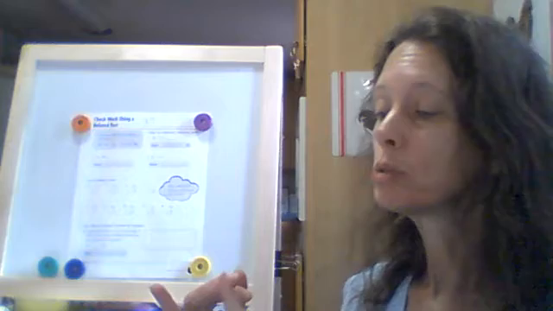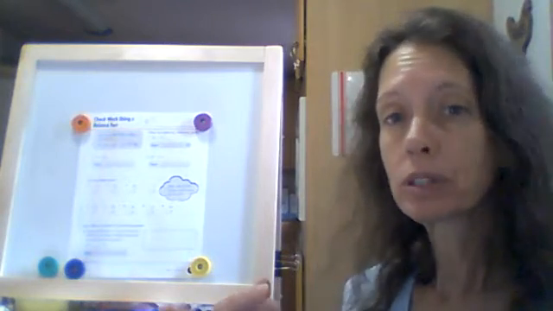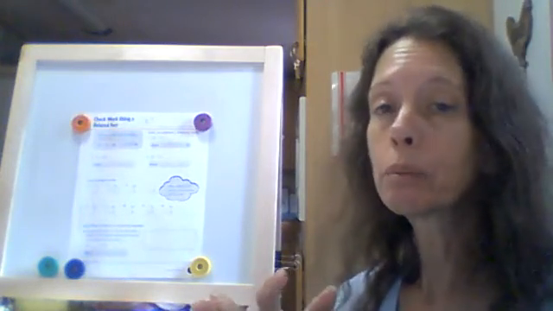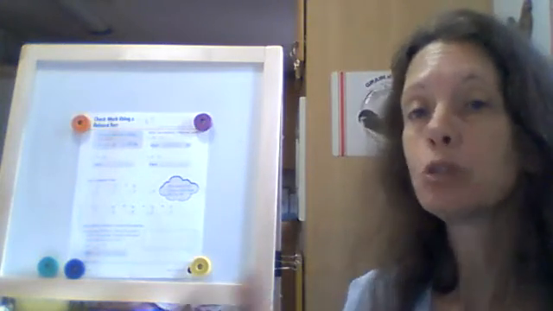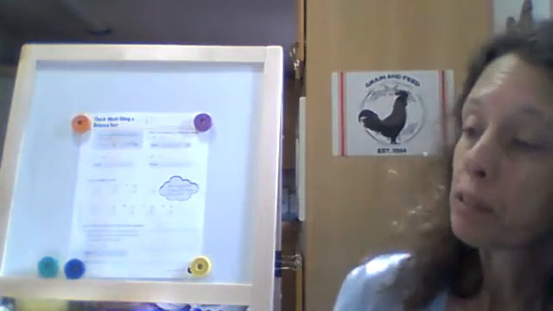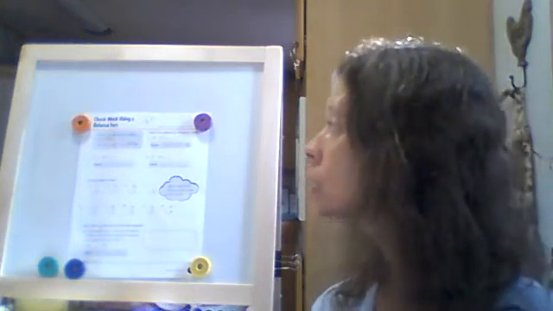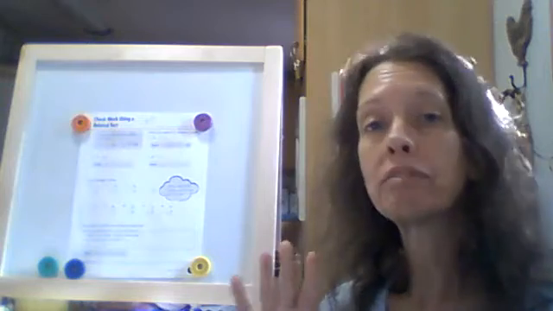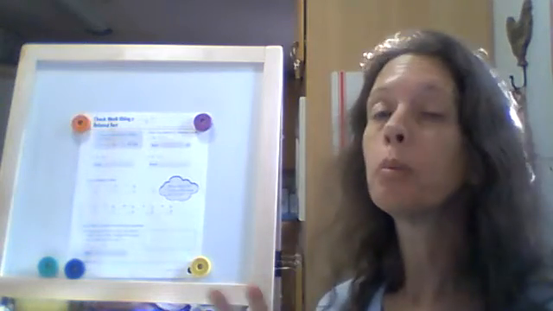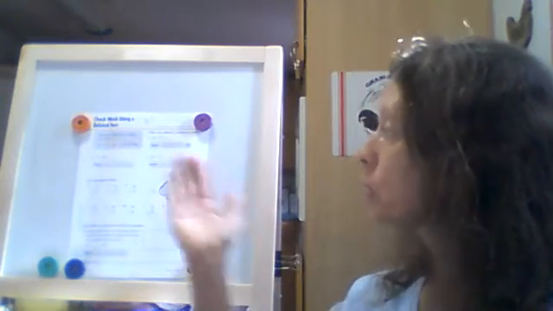You can use count back with tallies, or you can count up with your fingers. We'll try to use all different types so you can see a little bit of everything. If you have a number line, that's great. You can use your number line as well. So as you can see, you've got about 5 different tools in your toolbox to help you with these subtraction problems today. Okay, let's get started.